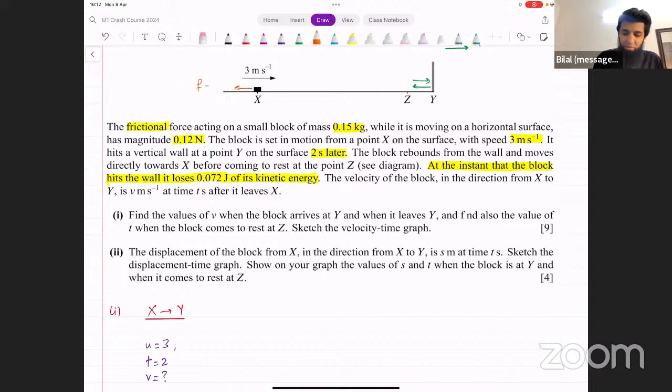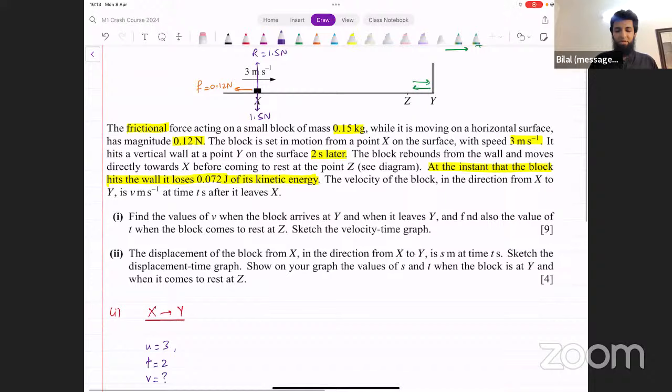Friction is 0.12 Newton. There's going to be weight of the object, but that acts downwards. It does not have any impact on the motion of the object. Weight is 1.5 Newton. Now we already know the value of friction, so we don't really have to use weight or reaction. Reaction will also be 1.5 Newton in this case, but that's not required. Along the surface, there's no other force acting.